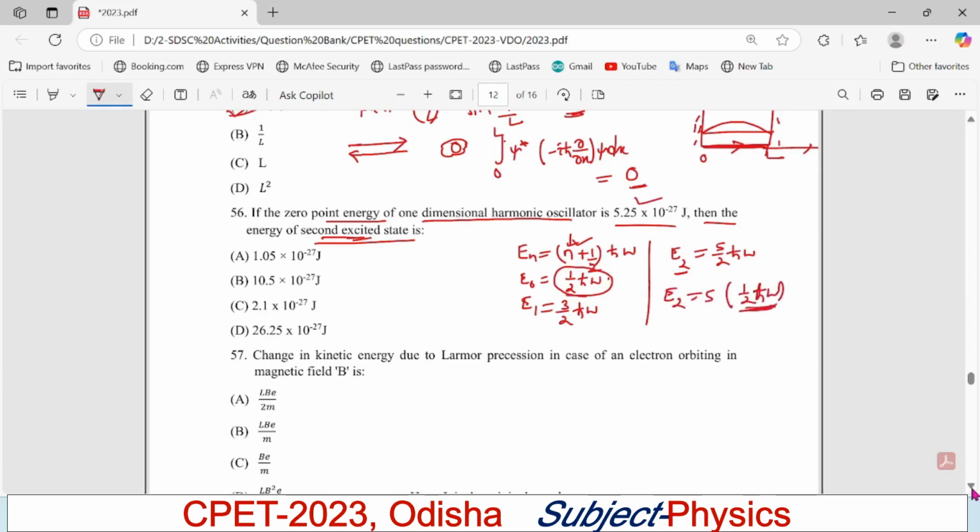So half h cross omega is given this one. So E2 will be equal to 5 into 5.52 into 10 to the minus 27 joule. So the answer, you just multiply 5 into 5.52, the answer will be 26.25 into 10 to the minus 27 joule.